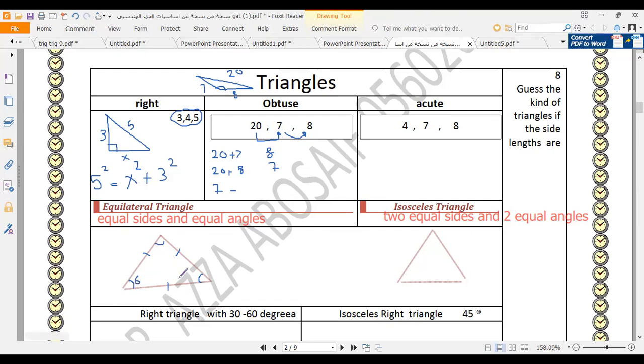So you have to know each here is 60. And if this side is equal to this side, each side is opposite to an angle, so angle 1 must be equal to angle 2. Is it clear? Okay.